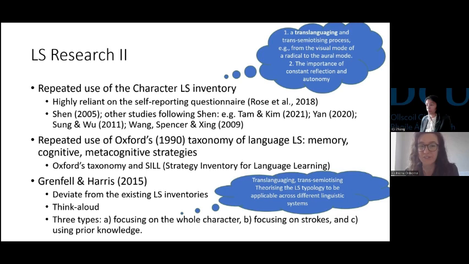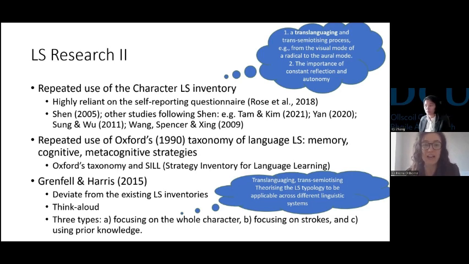In terms of Oxford's taxonomy of language learning strategies, there is the repeated use of this also, in terms of memory and then cognitive and metacognitive strategies. Grenfell and Harris then deviate from these existing LS inventories, and they focus on thinking aloud.